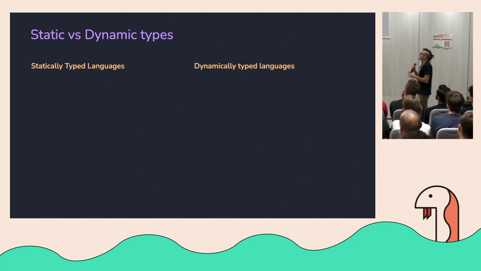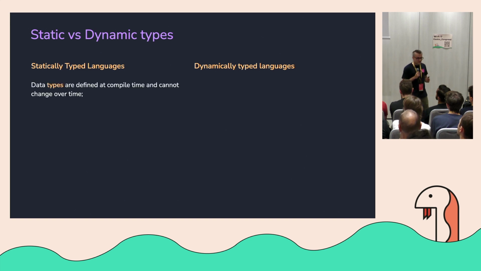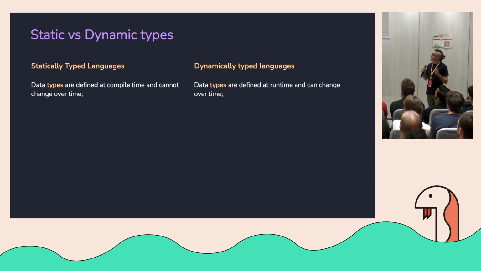Another way in which you can divide languages is statically typed and dynamically typed. Statically typed means that their types are defined at compile time, and the type cannot change over time. And dynamically typed means that the types of the language can change over time, like in Python, for example.